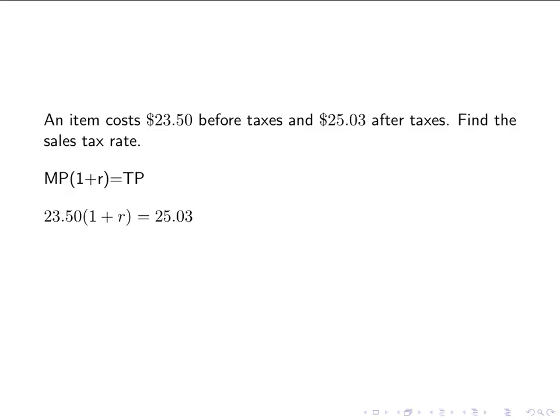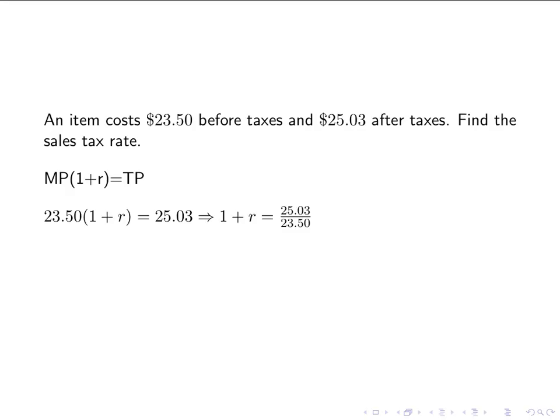We're going to plug in the MP and the TP, and now there's two ways that we could solve this. We could distribute the 23.5 across the 1 plus R, or we can just get rid of it right away by dividing both sides. So 1 plus R is going to be 25.03 divided by 23.50.